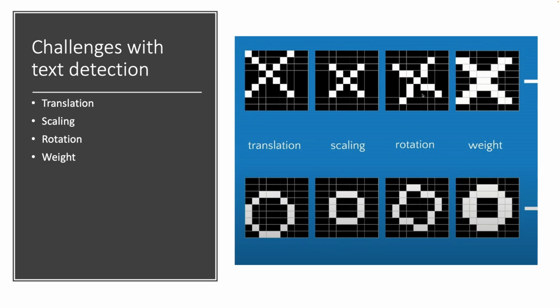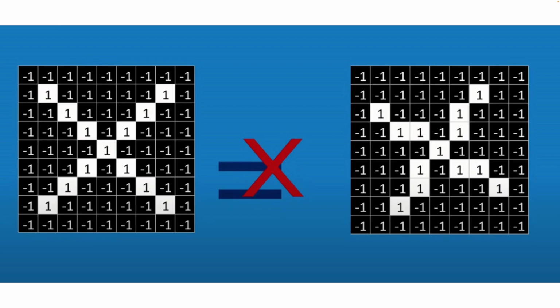The third one is rotated a little, and of course this last one is using thicker lines. So all of those issues, looking at a pixel by pixel basis, are going to cause potential problems. What we'd like to do is have some sort of network that can generalize. So if we look at this using just straightforward discrete data, obviously it doesn't match pixel by pixel.